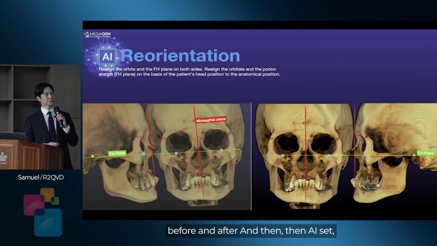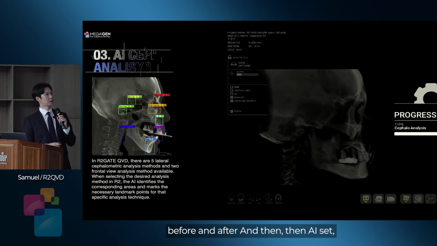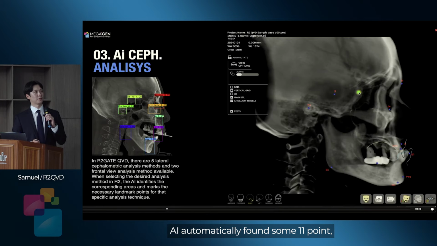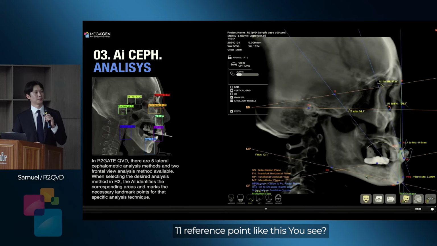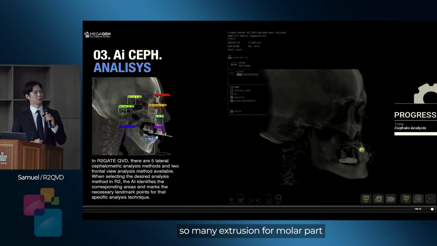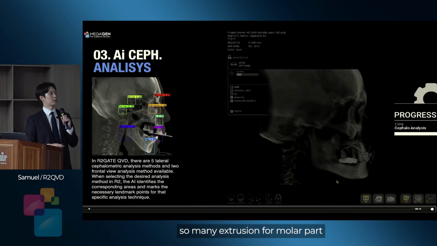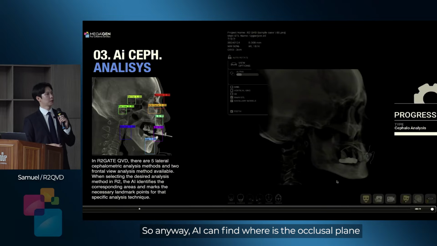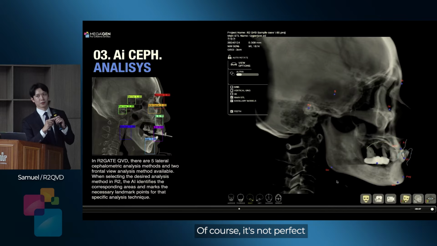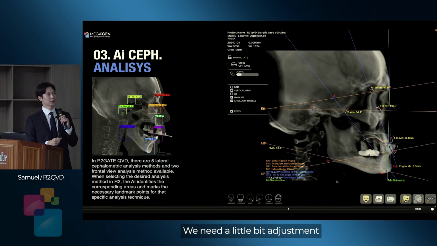Then AI automatically finds 11 reference points. You see, this patient has a lot of extrusion in the molar part. Anyway, AI can find where the occlusion plane is. Yes, of course, it's not perfect. We need a little bit of adjustment.